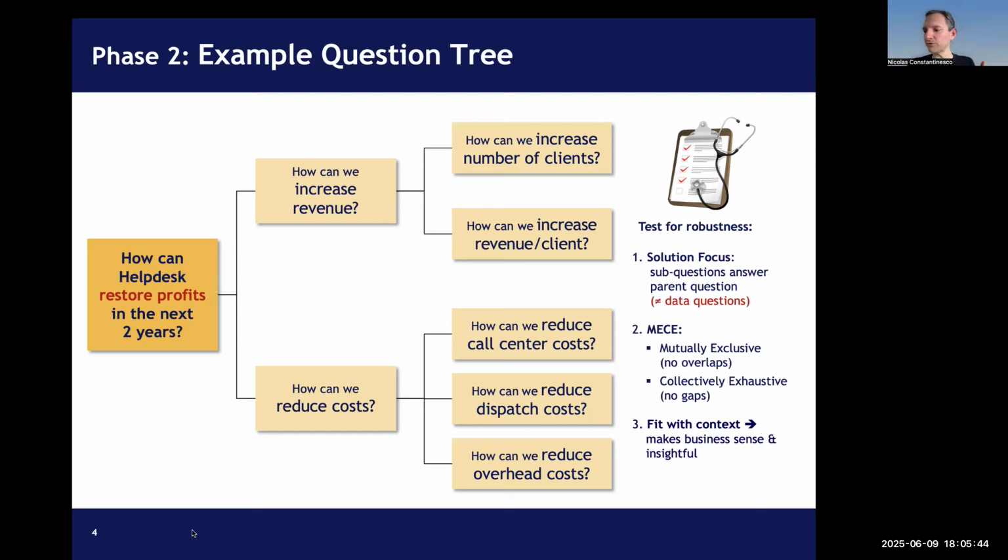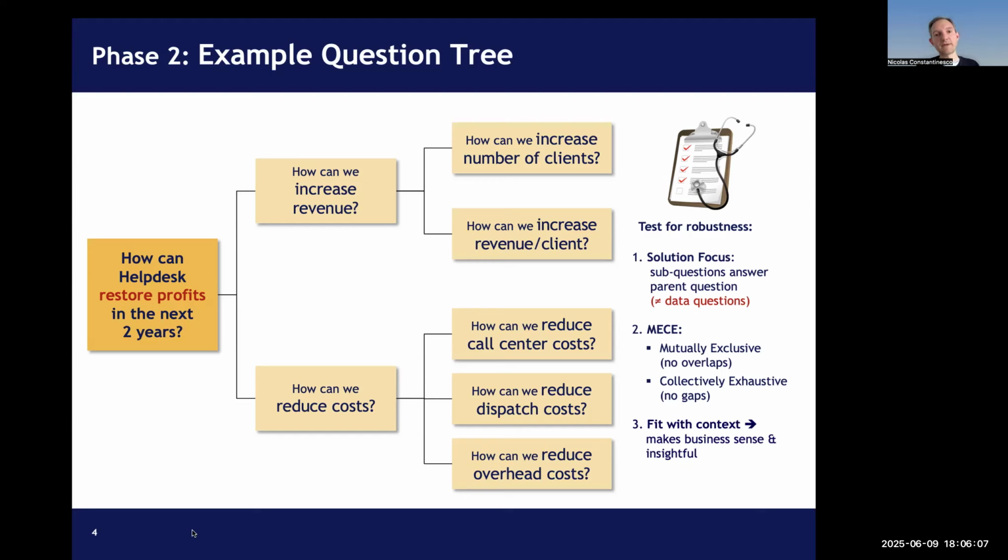Now what we want to do is figure out a plan of attack. How are we going to tackle the answering of this question? How are we going to proceed? What we've been talking about is building an analytical roadmap for this, a roadmap that consists of analytically breaking down the question.